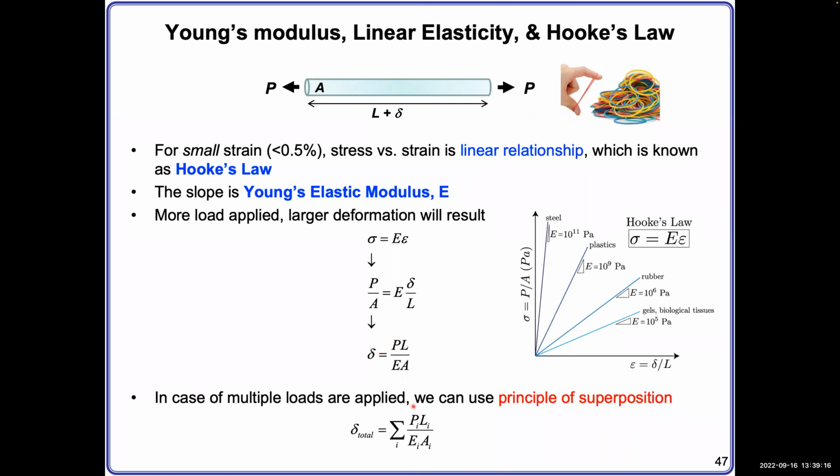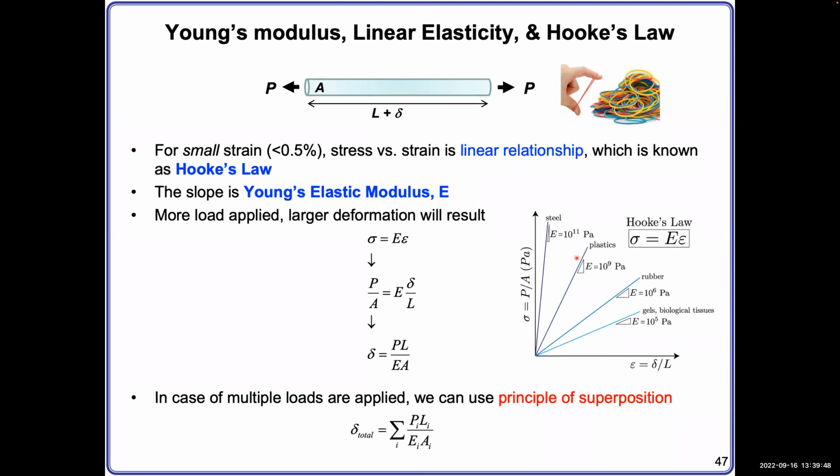If we have individual forces Pi, where i is the individual number, applied to the object or to different objects joined at one node, every force contributes a delta i, and all these displacements can be added together to give one displacement. That principle is called superposition, and it is very useful.